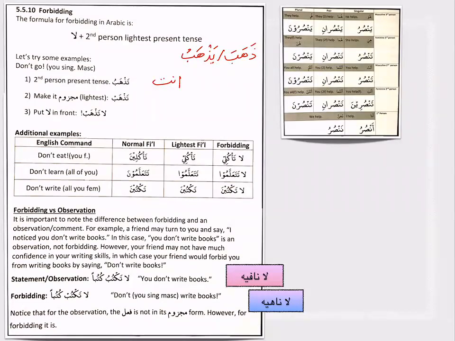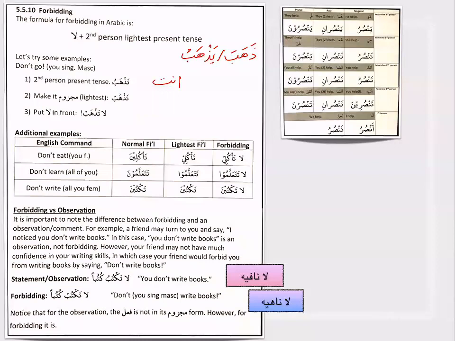For example, we have zahaba, and it will be yazhabu. When we go to anta, it will be tazhabu. Now we need to make it majzoom, which will be tazhab.